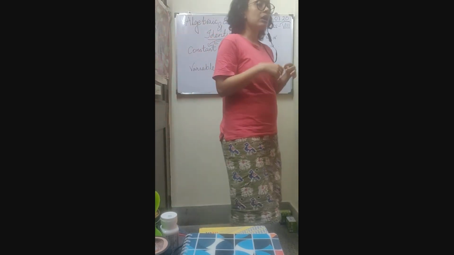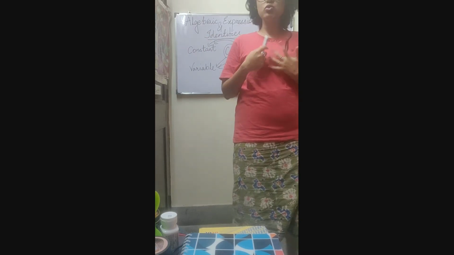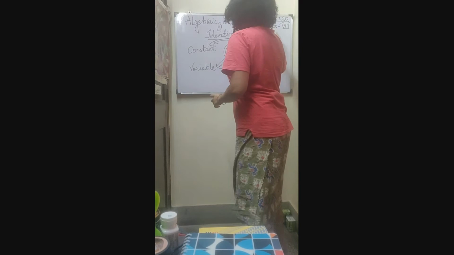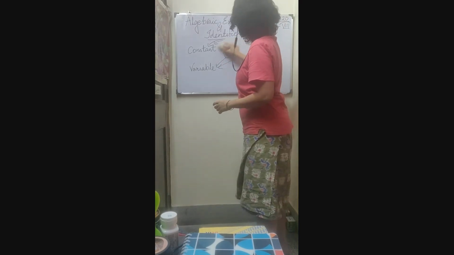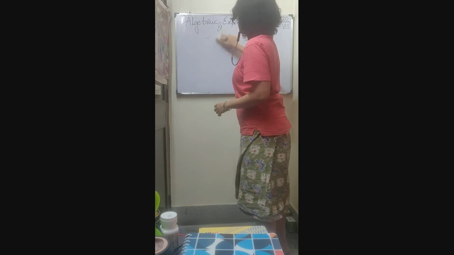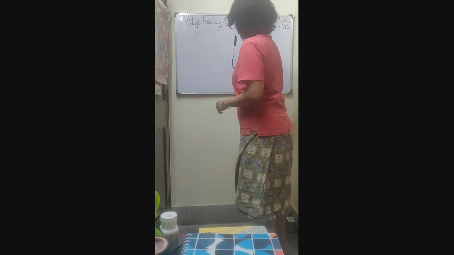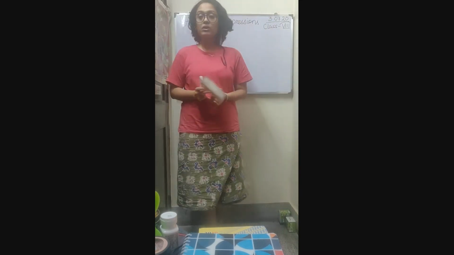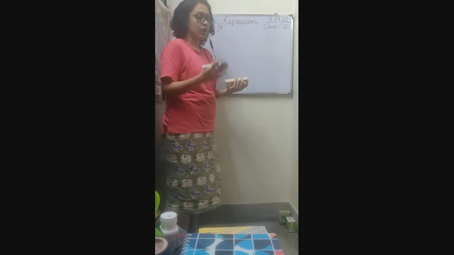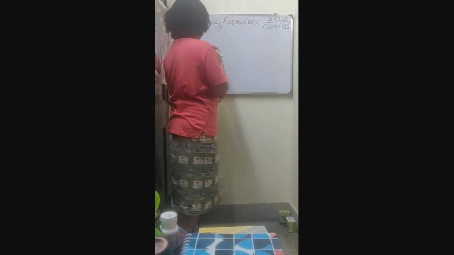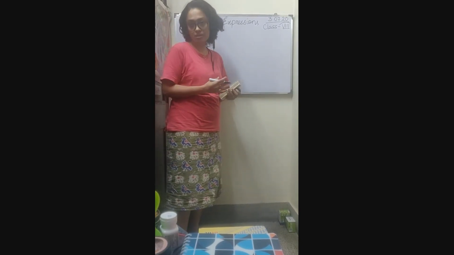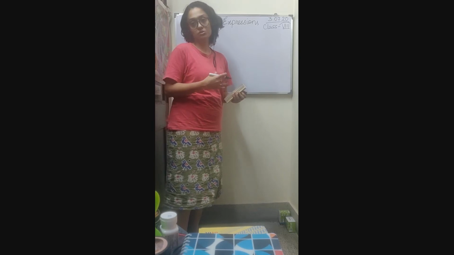But along with that, we also need to know a few terms related to algebra. I said the word term. When a pair or a collection of constant and variable are written together, we call it an algebraic term.